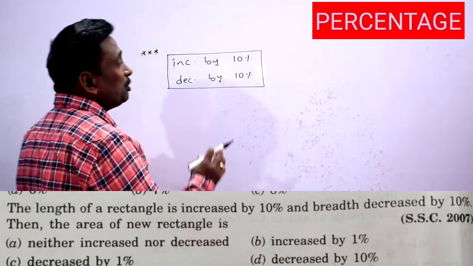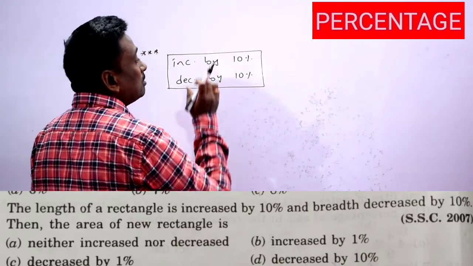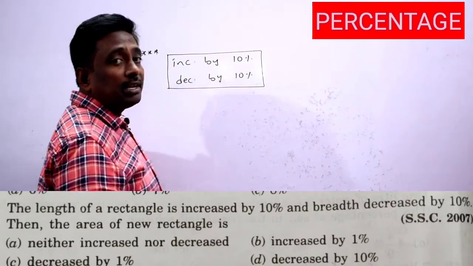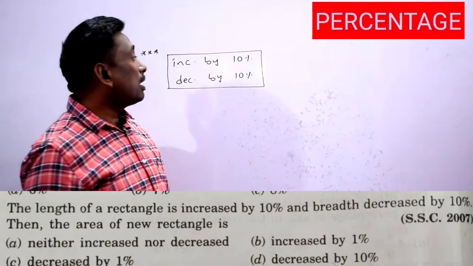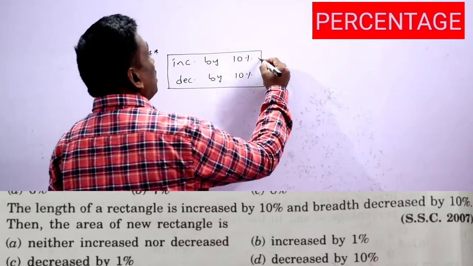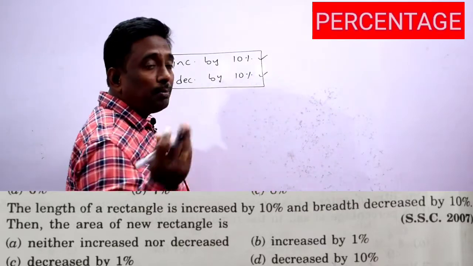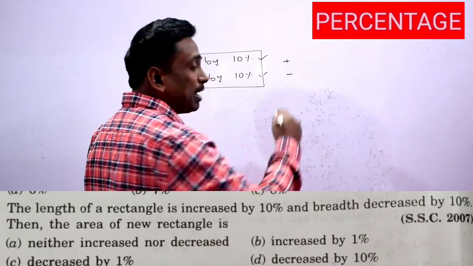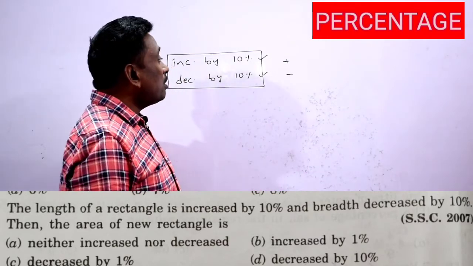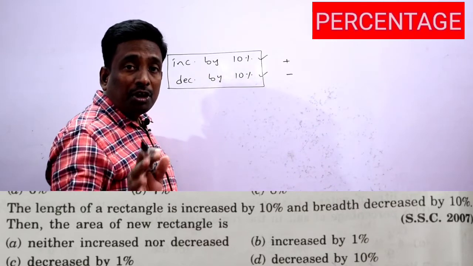In the question we have 2 percentages. Whether one is increased, one is decreased, whatever it may be, if it is increased, it means 100 plus; decreased means 100 minus. Based on that we have to take the ratio.